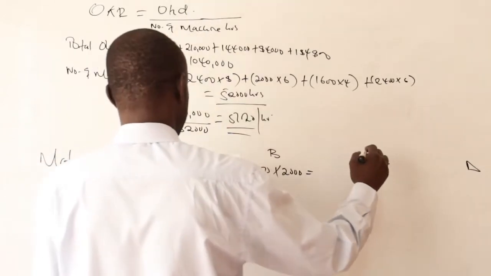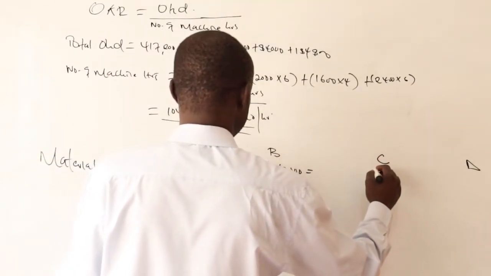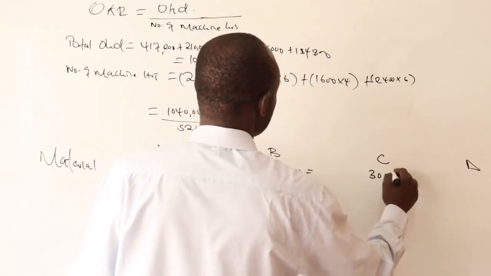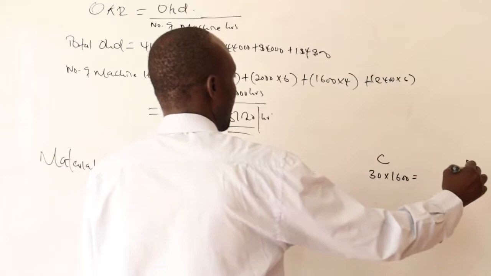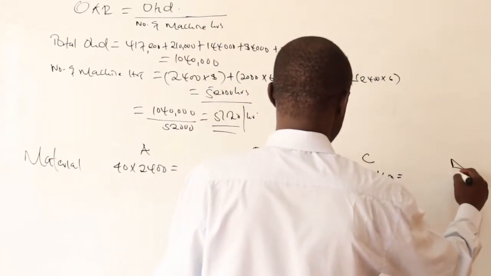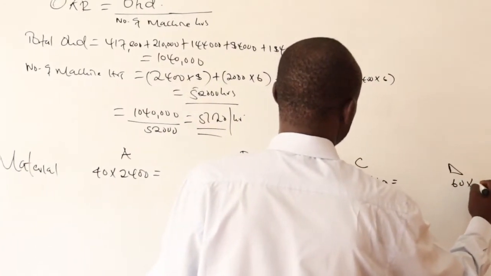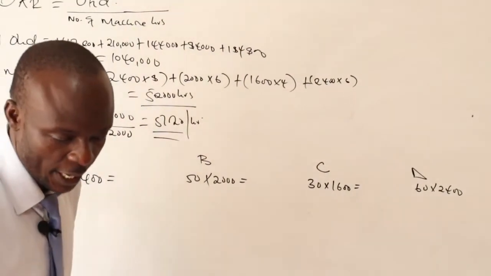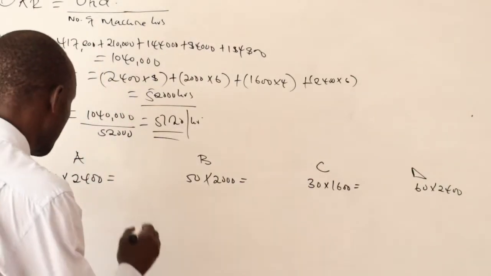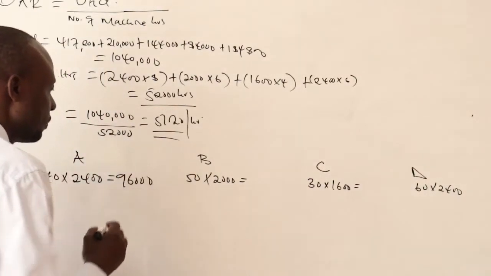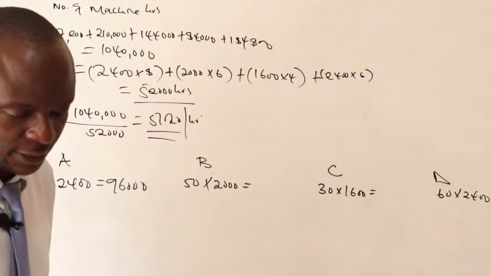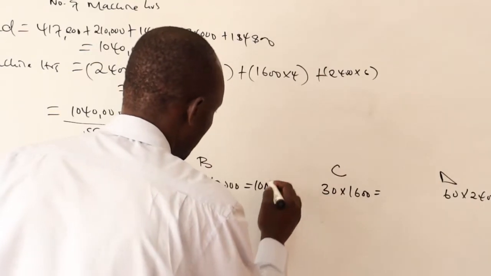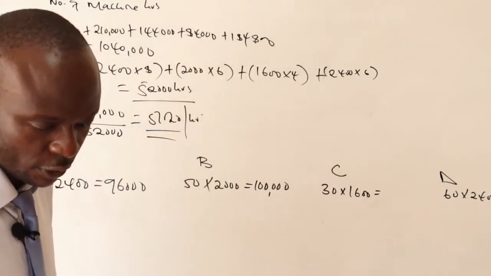The other one is 1,600 units, it is 30 times 1,600. And the last one is 60 times 2,400. When we multiply, we get 96,000 here. The other one is 100,000. And C will be 48,000.